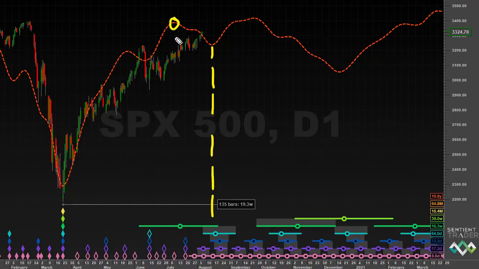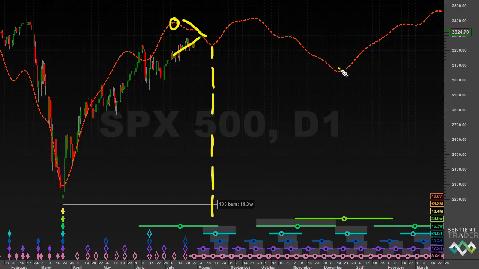It was expecting the peak to have occurred in early July and the market to have moved down towards the 20-week cycle trough. The market clearly did not do that. It has been moving counter to that composite model line, which is a bit of a warning that in fact there's something not right about this analysis.